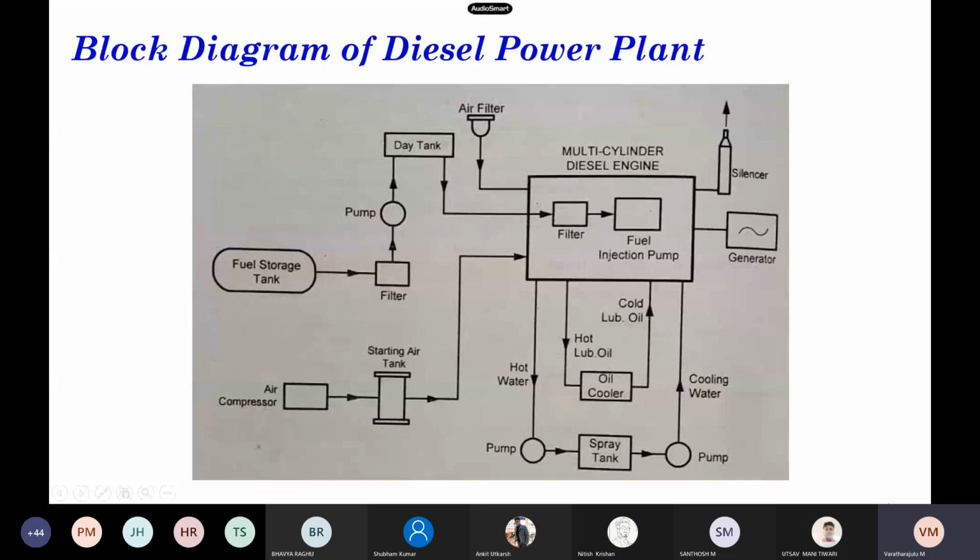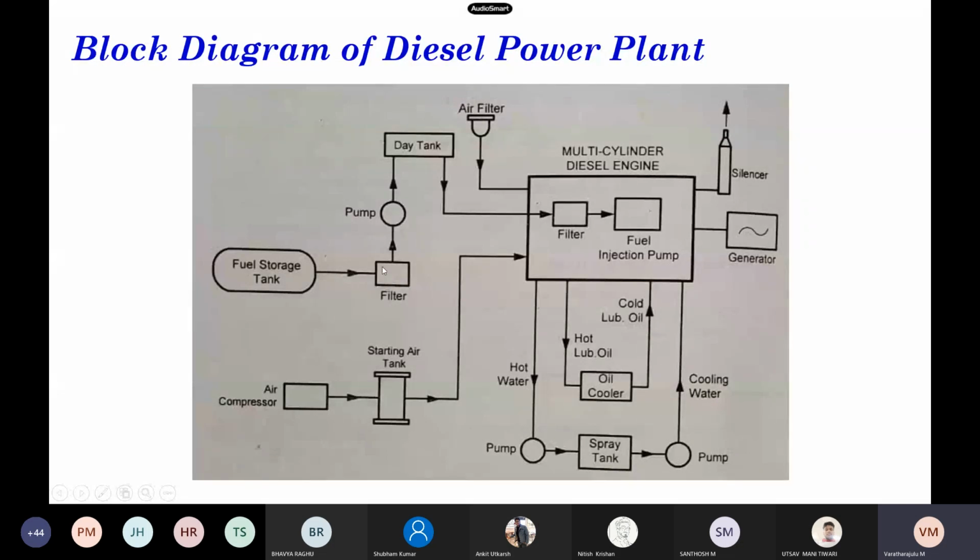We have fuel storage here, and through the feed pump it is sent to the multi-cylinder diesel engine. We have filters. In the meantime, it has to be filtered, and then it is sent to the day tank.